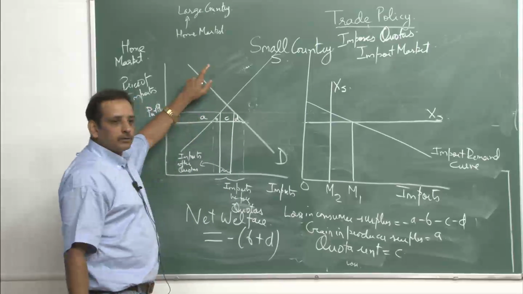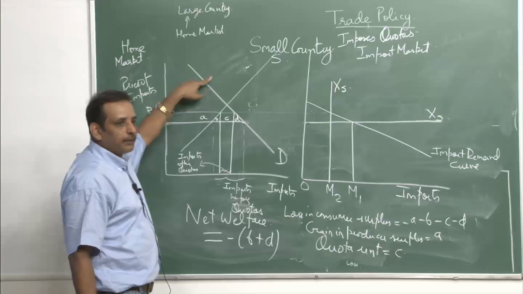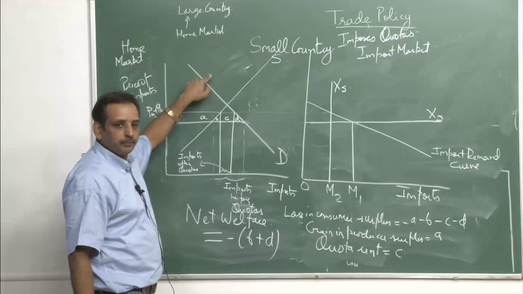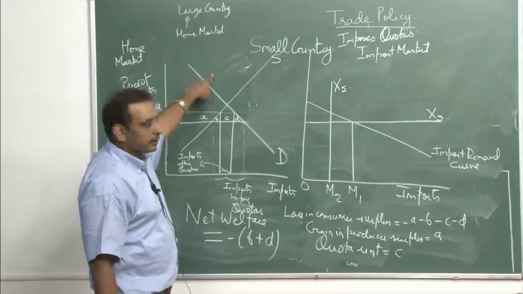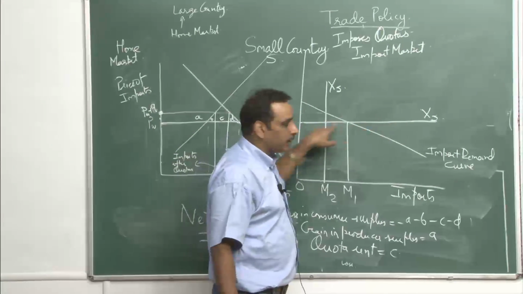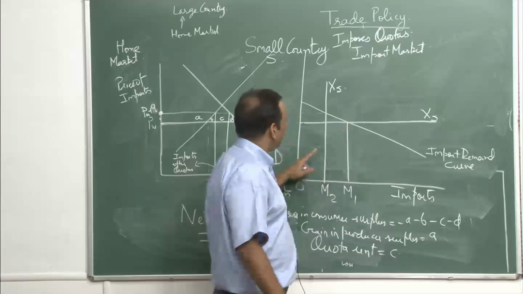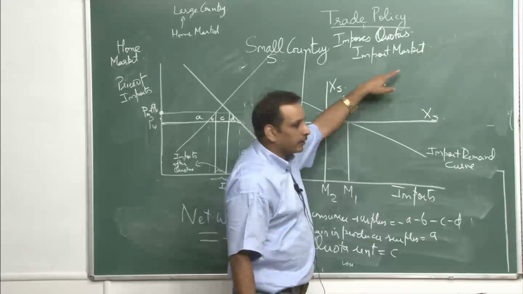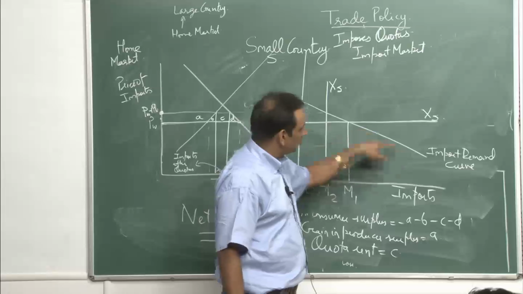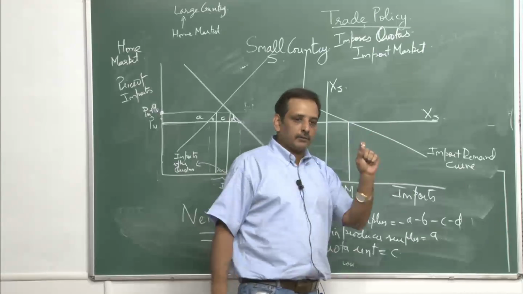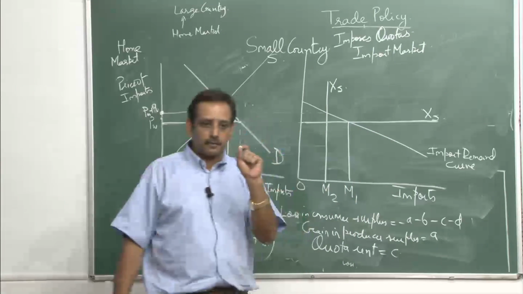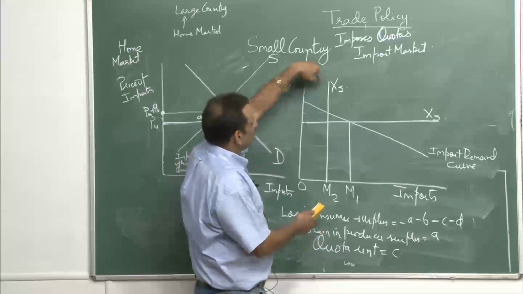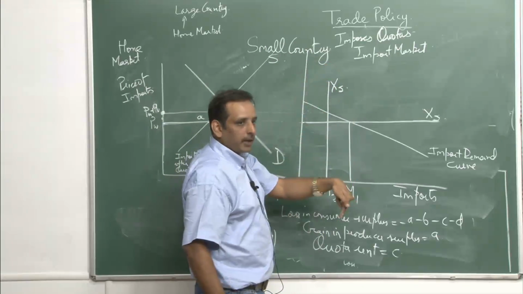Now this is a case for a small country. What happens if a quota is imposed by a large country? The only difference is that the export supply curve is not horizontal, it is upward sloping. So again you have an upward sloping export supply curve and a downward sloping import demand curve that will decide the world price, and then if quotas are imposed you will get a new export supply curve.